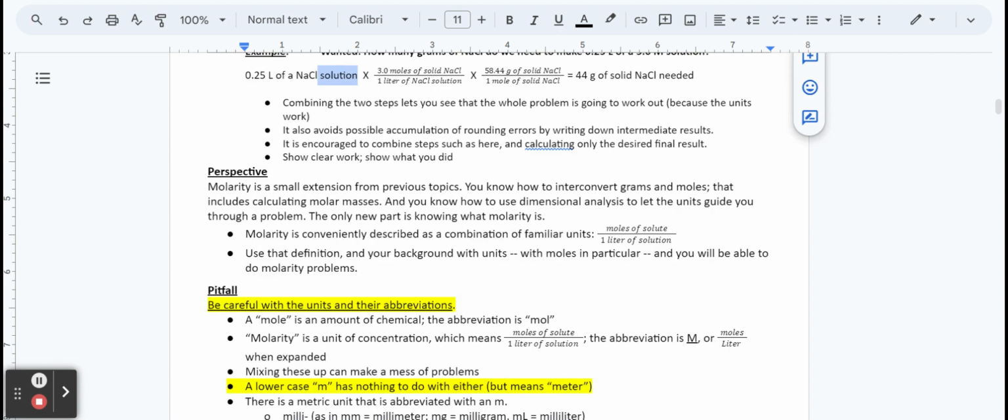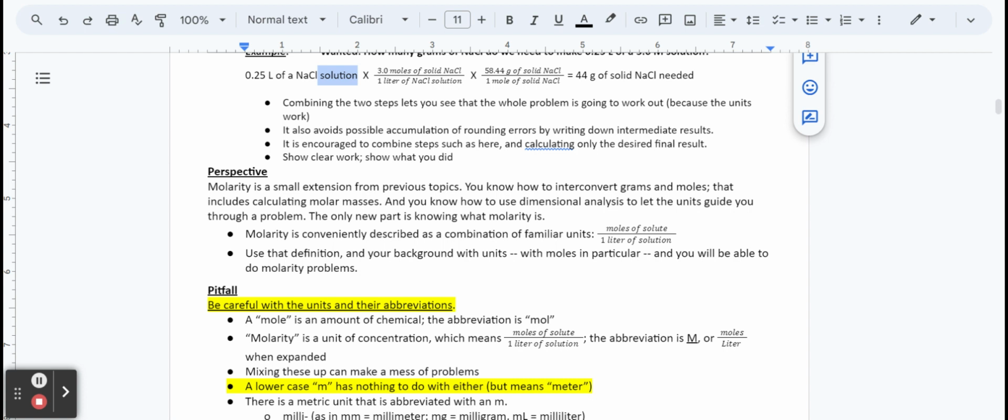All right, so if we take a look, molarity is a small extension of previous topics, as I have mentioned. You know how to interconvert grams to moles using our molar mass, and you know how to use dimensional analysis, which lets the units guide you throughout the problem. And the only new part is the molarity conversion factor itself. So molarity is conveniently described as a combination of familiar units.